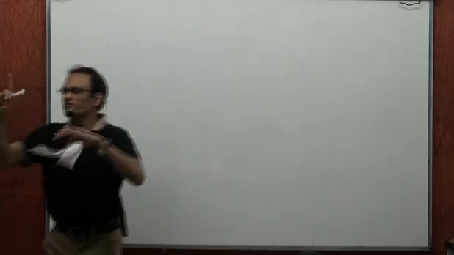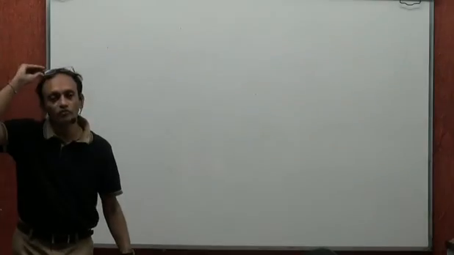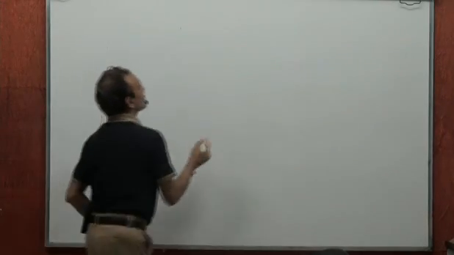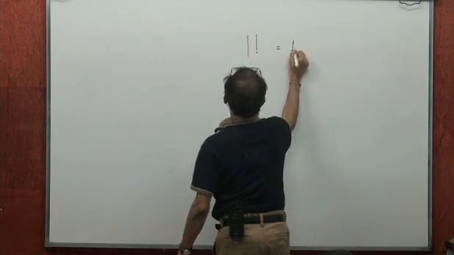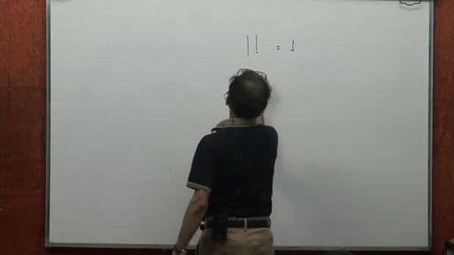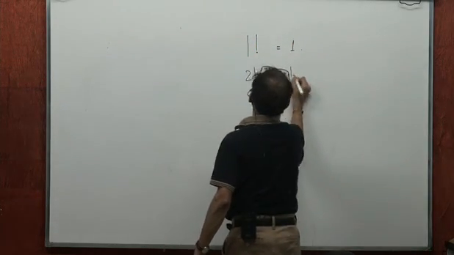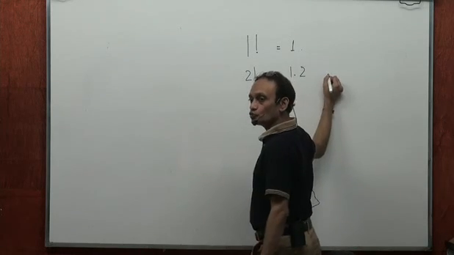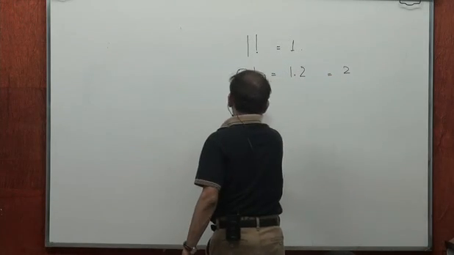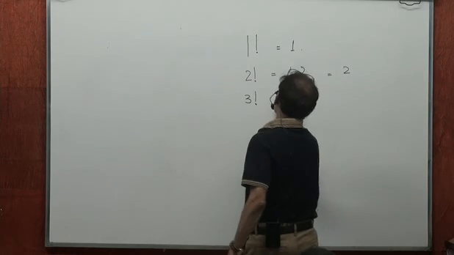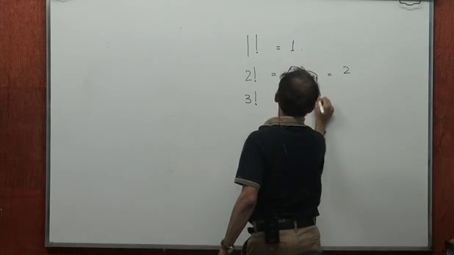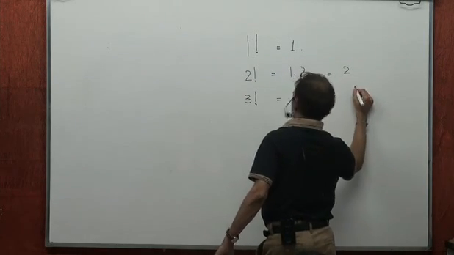Good. First of all, for those of you who do not understand what factorial means, when I talk of 1 factorial, it's 1. When I talk of 2 factorial, it's the product of the first 2 natural numbers, which is 2. When I talk of 3 factorial, it's the product of the first 3 natural numbers, which is 1 into 2 into 3, which is 6.